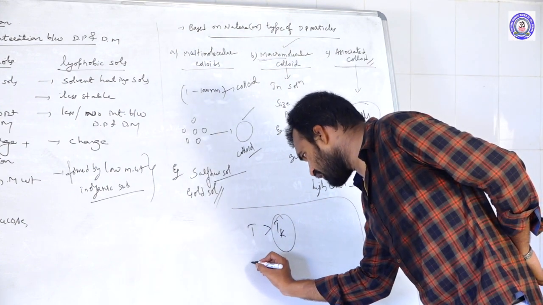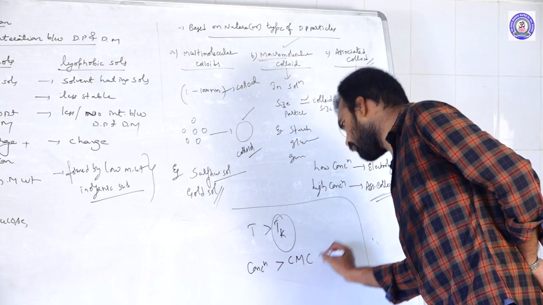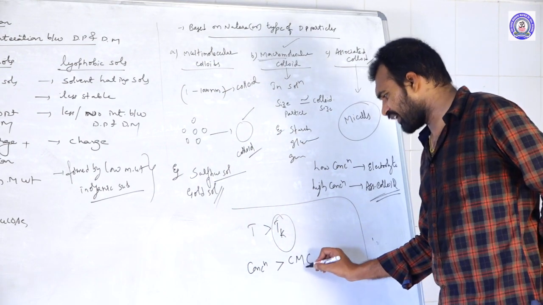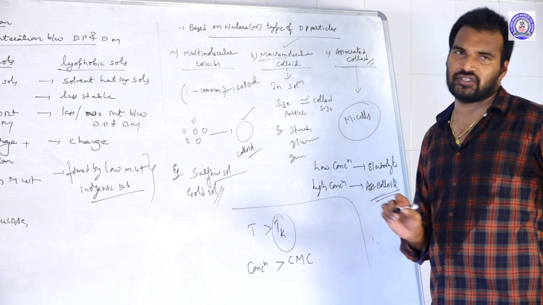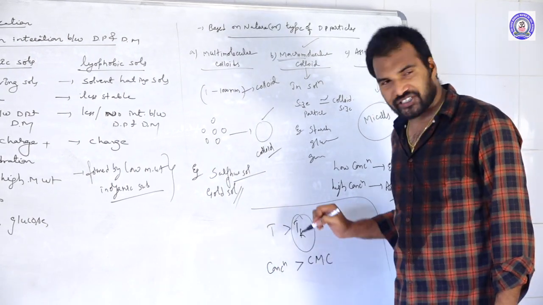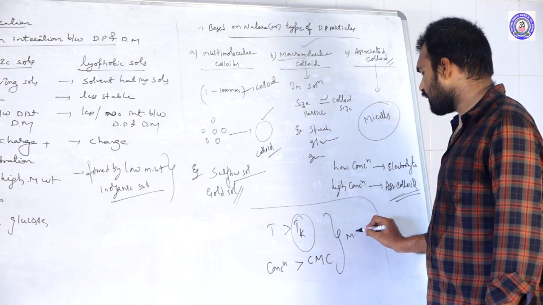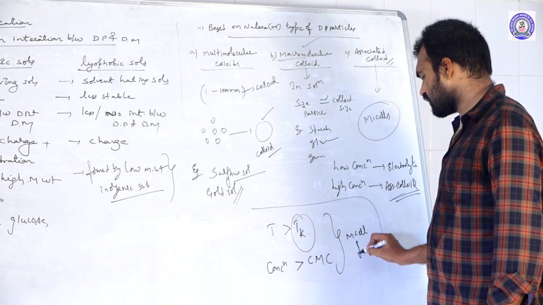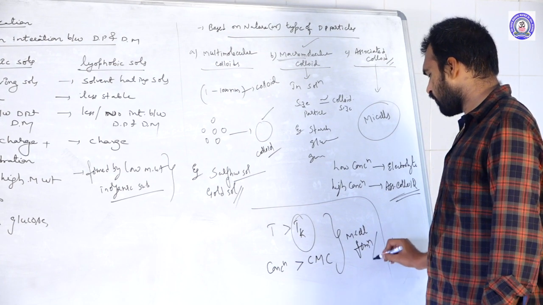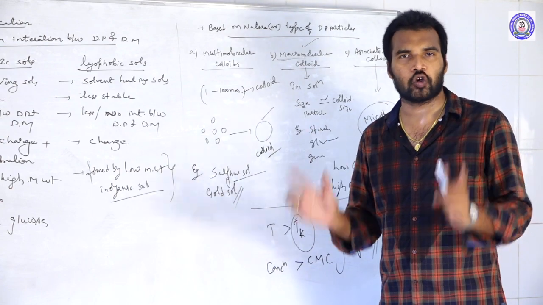And the second condition is the concentration should be greater than the CMC. What is the CMC? Critical micelle concentration. Only when the temperature is above the Kraft temperature and the concentration is above the critical micelle concentration does micelle formation take place. A micelle is nothing but an associated colloid.